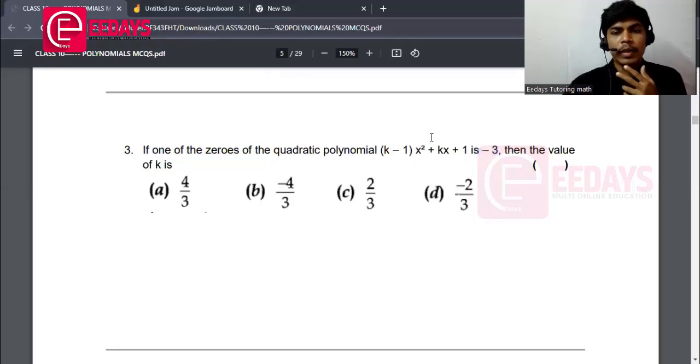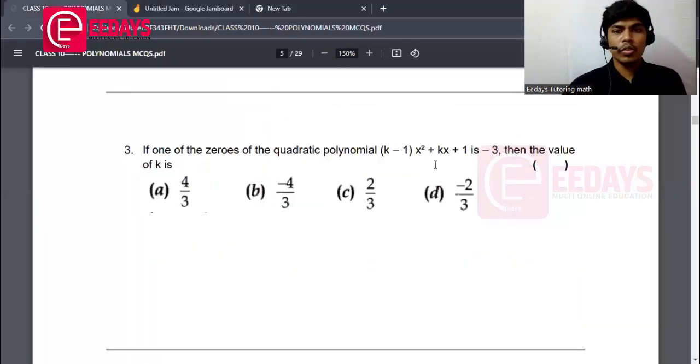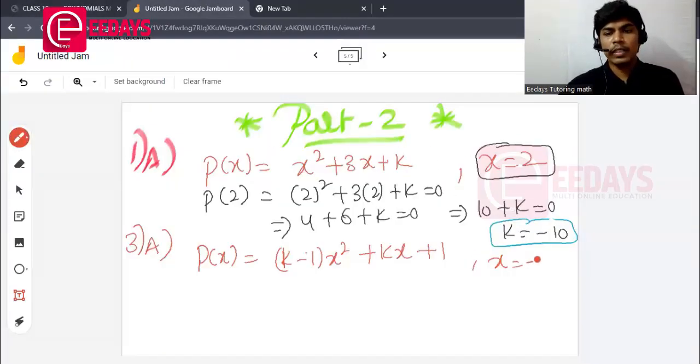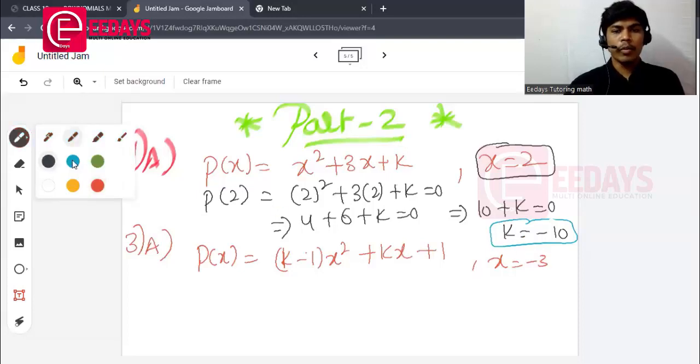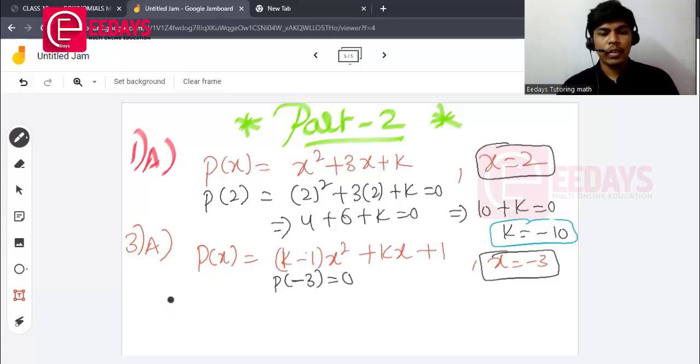Did you notice that? What we did in the previous question, here also x is equal to -3. I hope everyone understood. Now in the place of x, you just substitute -3. P of -3 is equal to 0.